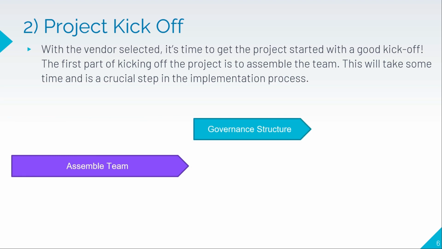So the first step is assemble the team. We have the governance structure. Here we are creating the structure of the entire team, and creating the entire process, tools, definitions, everything. As in any project implementation, we already have a governance structure within the organization, so we need to take that and make changes as per the current project.